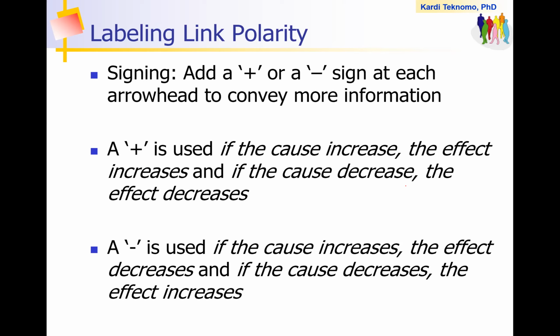A positive is used if the cause increase and the effect also increase, or if the cause decrease, the effect also decrease. The negative sign is used when the cause increase, the effect decrease, or if the cause decrease, the effect increase. Is it clear?